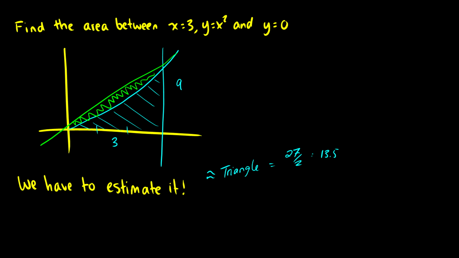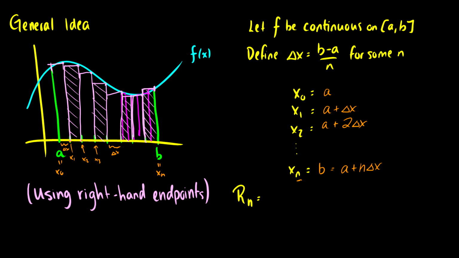So to get the area of all the total rectangles using the right-hand side, we take f of x1 times delta x plus f of x2 times delta x, and then we keep doing this all the way up to f of xn times delta x.